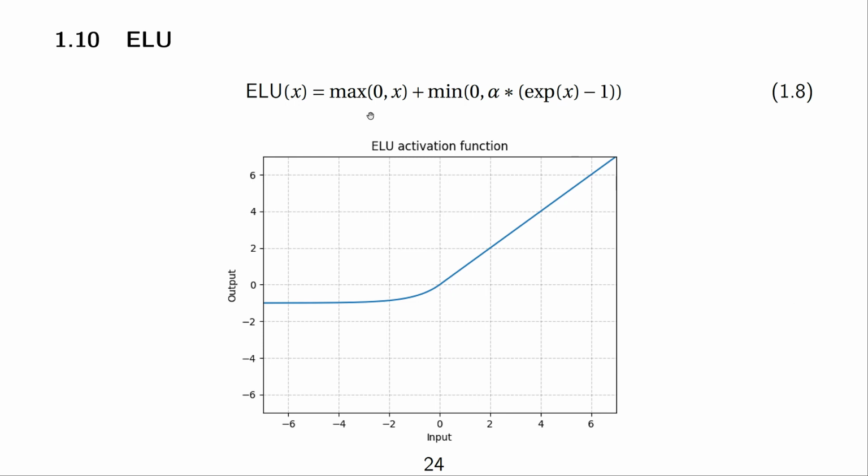The equation is somewhat interesting because it gives you a scheme to combine two different functions. In this particular equation, we combine the function x and the function alpha times e to the power of x minus 1. So this max(0, x) takes this function x, and it only takes the positive outputs of this function. So it only takes the function whenever the outputs are positive.